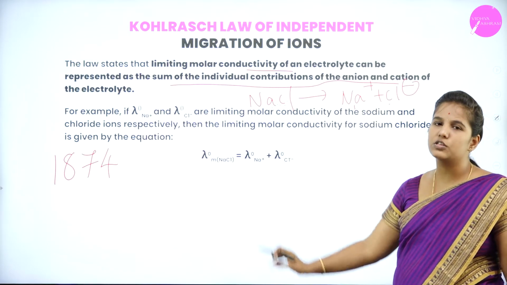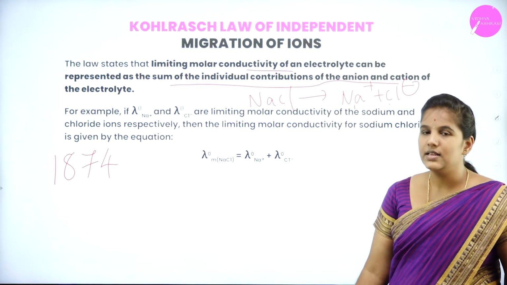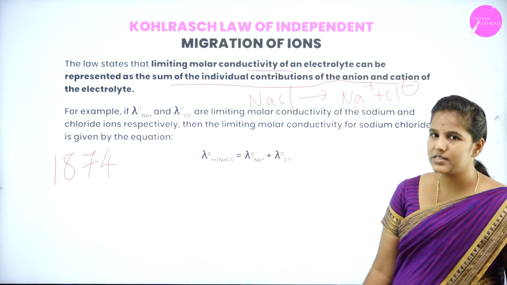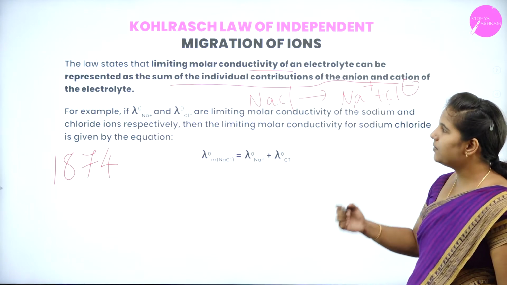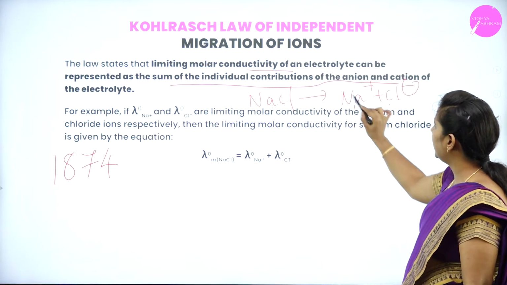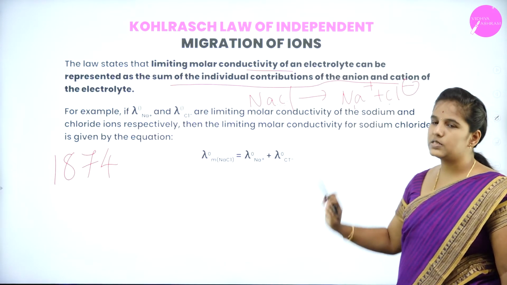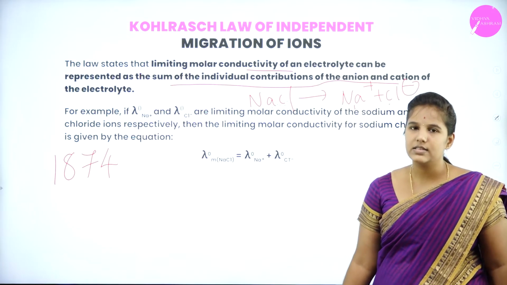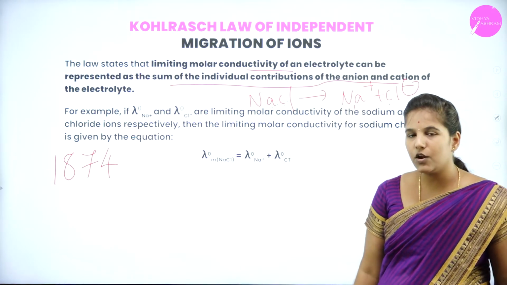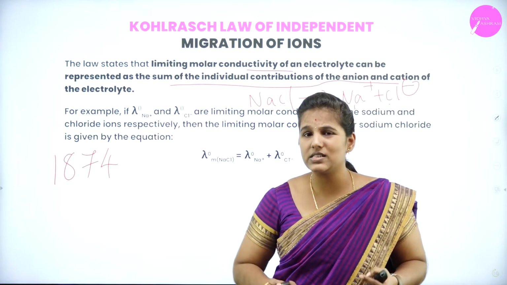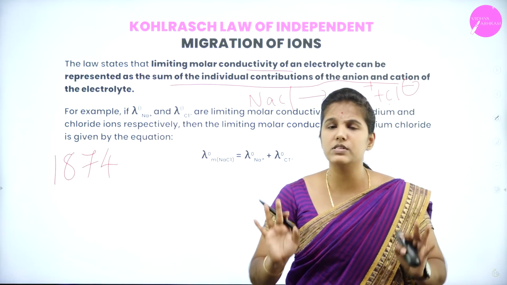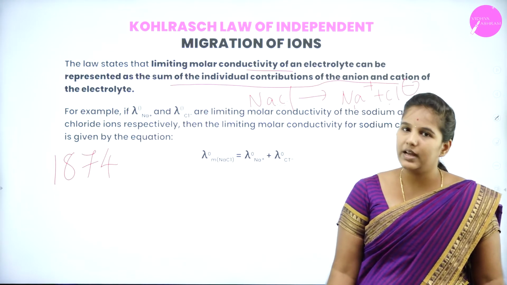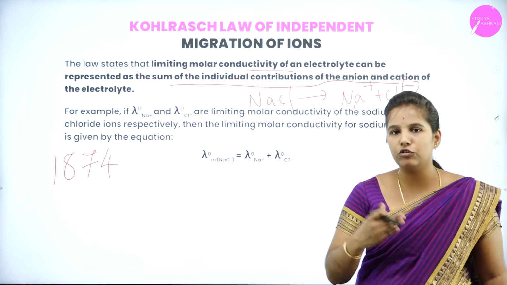So this law just states that the limiting molar conductivity of an electrolyte can be represented by the sum of the individual ions which have been produced in that solution. So instead of taking the electrolyte, he says that it is the sum of individual ions which have been produced from an electrolyte. So that is why it is known as Kohlrausch's law.